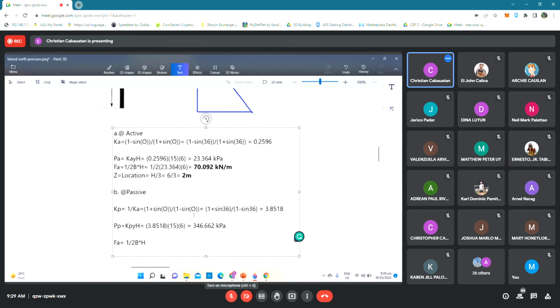Therefore, it is equal to 1/2 times your base, which is 346.662, times your height, which is 6 meters. Therefore, it is equal to 1,039.986.